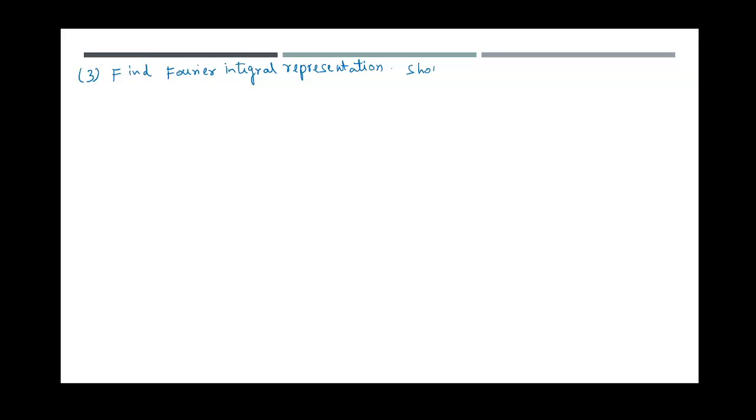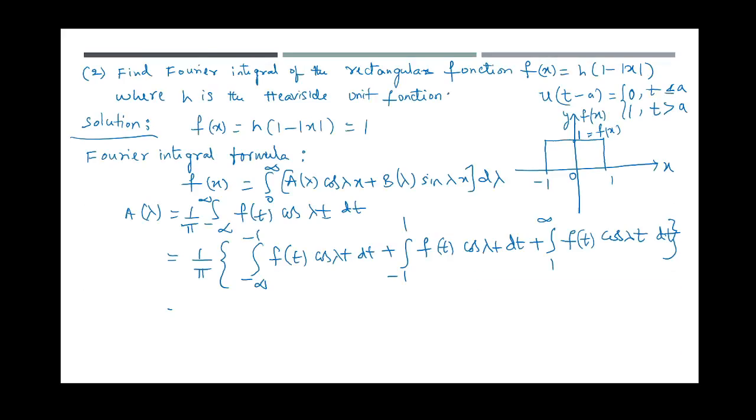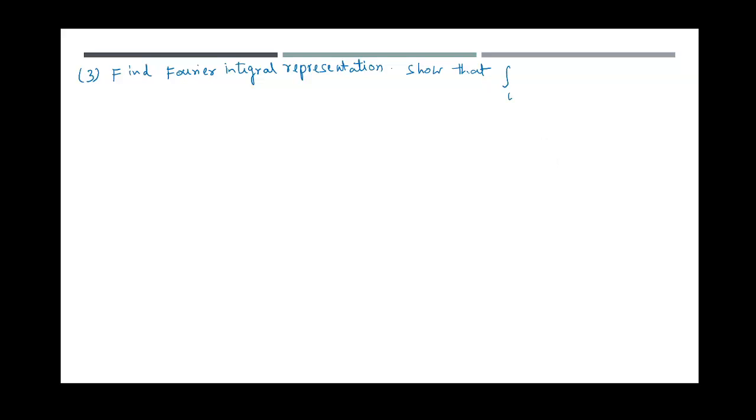Show that integral 0 to infinity of omega sin omega x upon 1 plus omega square d omega is equal to pi by 2 e power minus x, x is greater than 0.